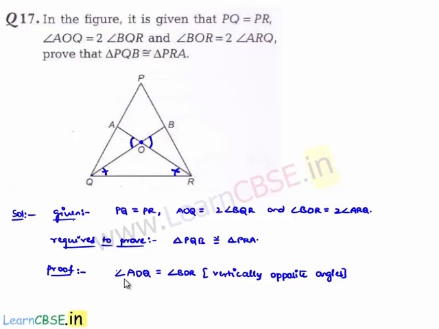Therefore, as angle AOQ is equal to angle BOR, we can say that 2 times angle BQR is equal to 2 times angle ARQ. That implies angle BQR is equal to angle ARQ.